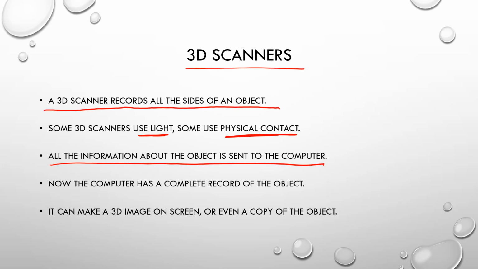It can be used to make 3D images on a screen, or even copy an object, and then you can use that copy to put into a 3D printer, we look at 3D printers in a later video, and then you could print that object out again. So you could copy something from real life and then reproduce it again using a 3D scanner and a 3D printer.